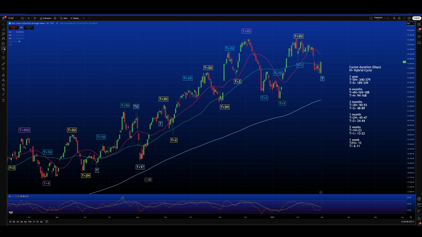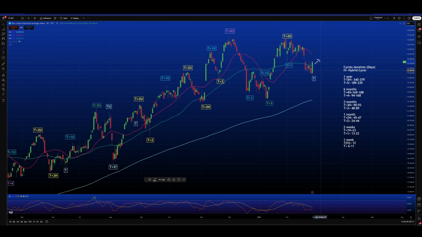We have to see in the next days if we're going to proceed to the upside, and this is something that we have a high likelihood to happen, because here we have, as for the other indexes, the sufficient and necessary condition to close the T+2, and in this case we have a really positive downward cycle.